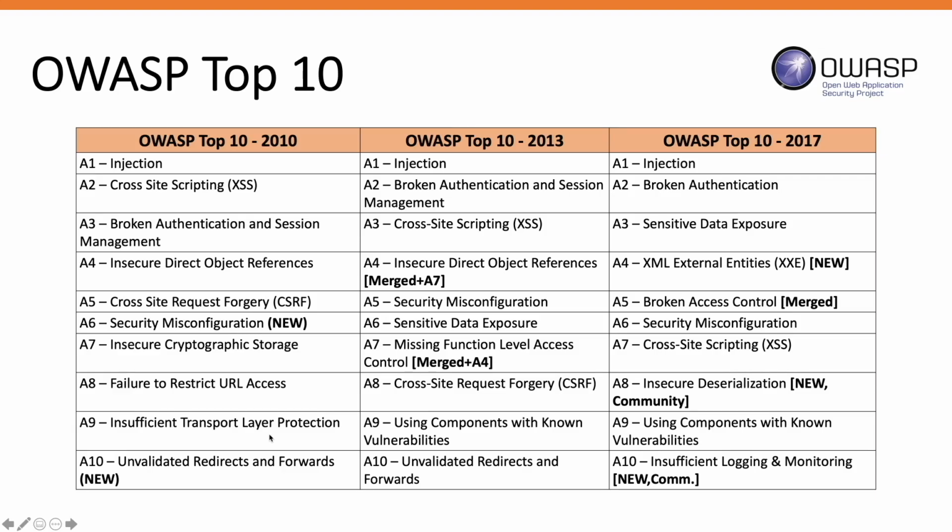That's probably because it's so easy now to get certificates and use HTTPS on your site. Even malicious sites use HTTPS right now, so it's definitely not a risk anymore. But then you also see new ones get added. For example, insecure deserialization over here was never a risk in 2010 or 2013, was not part of the list, and in 2017, it became part of the list.